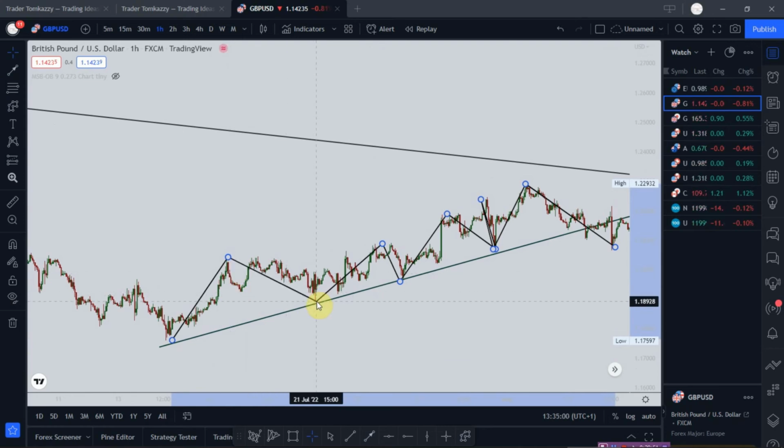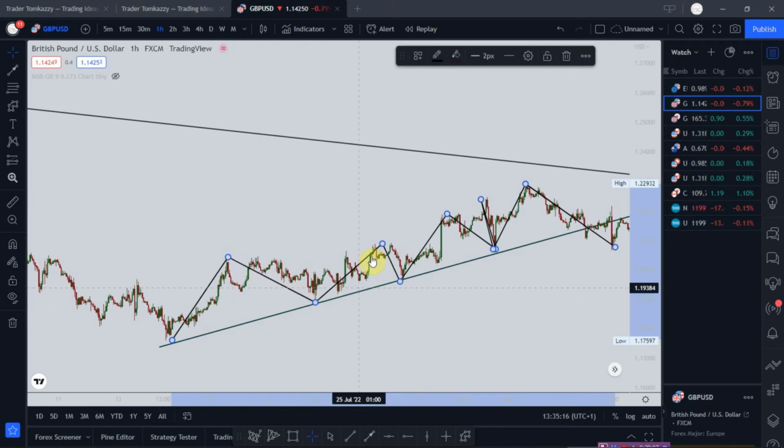That is why this market even came down to break it. So when this one breaks here and you are thinking that the market is about to go down, you are mistaken, because this high here was not higher than the previous one. Okay, so this is the second higher low.